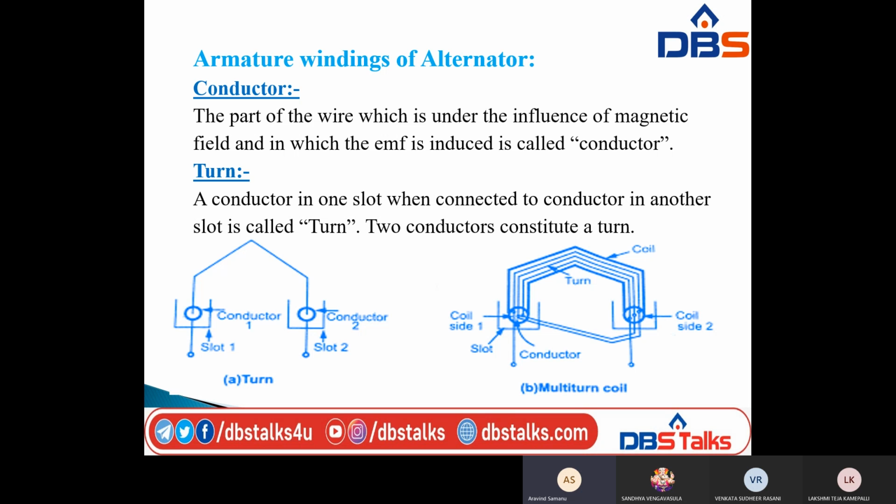Here, in slot 1 a conductor is there, and it is connected to the conductor in slot 2. One conductor in slot 1 connected to the other conductor in slot 2 is called a turn. So two conductors constitute a turn.